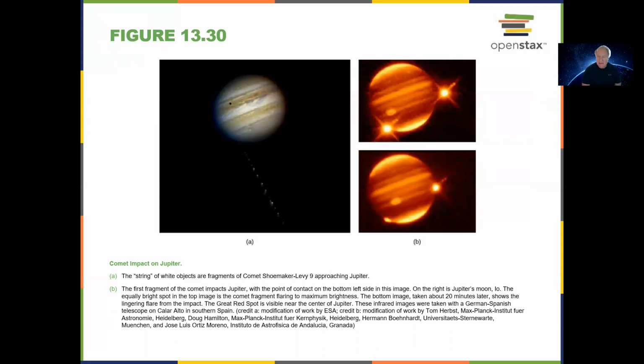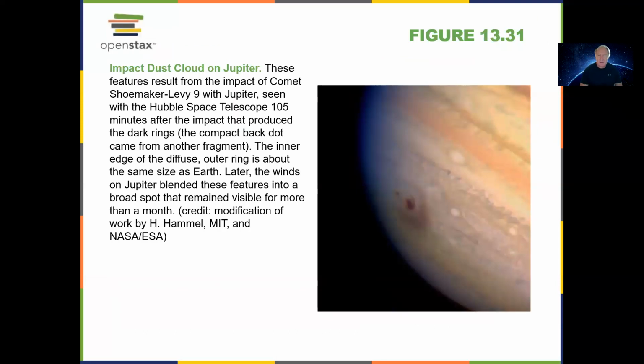The bottom image, taken about 20 minutes later, shows the lingering flare from the impact. The Great Red Spot is visible near the center of Jupiter. These infrared images were taken with a German-Spanish telescope. We can also see the impact of the dust cloud on Jupiter.